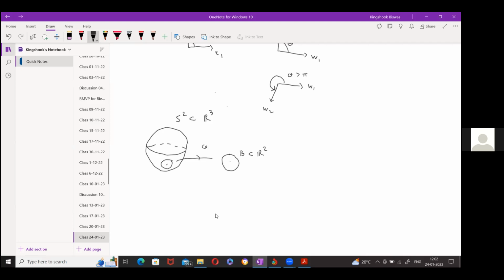So this is my chart phi, and then I can look at the inverse of this chart, phi inverse, which goes from an open set in R2 into R3. Well, it's going into S2 inside R3.